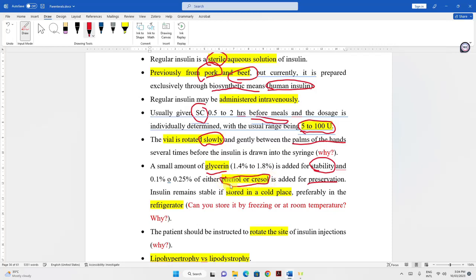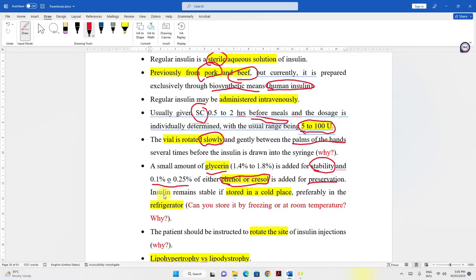As you are aware, if we are dealing with multiple injections, multiple-dose containers, then we need a preservative. Here we have phenol and cresol as preservatives, and they are added in very small quantities ranging from 0.1% to 0.25%.